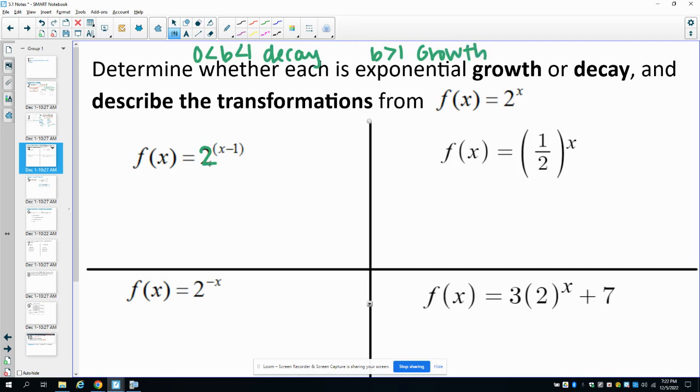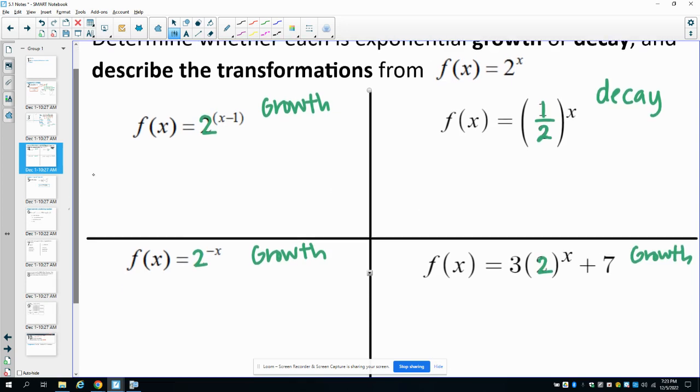So in this case, our base is 2. So this is going to be an exponential growth function. For this one, our base is 1/2, so this is going to be a decay function. For this one, our base is 2, so that's growth again. And here we have 2 also, so this one is growth.